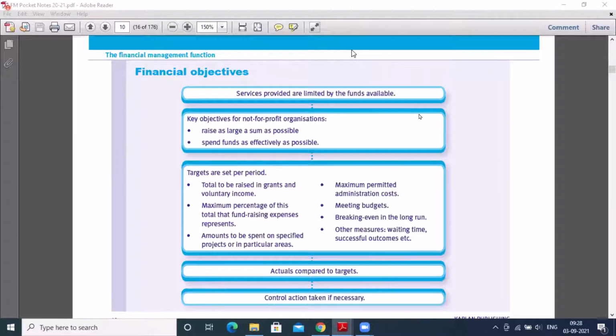So it might take certain time. So how much time an organization is taking to provide the service to the beneficiary. So always an organization may focus on minimizing the waiting time of the beneficiaries. So these are certain targets which are to be considered.